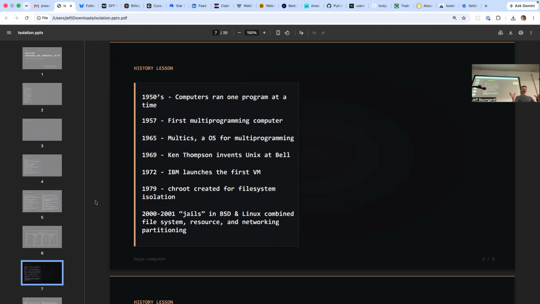And then it's kind of a long time before we have a lot more innovation in this space. So in 2000, 2001, jails start to become a thing. So this is building on top of chroot and introducing more types of isolation for processes and resources. So what else is happening in 2000, 2001?